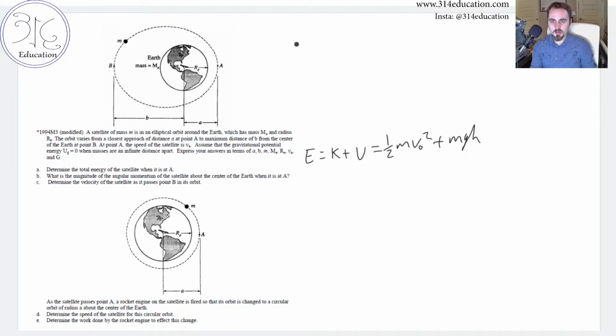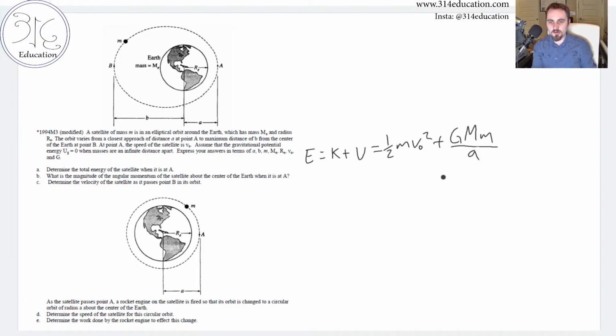That would be fine. But we can actually do one better with using the actual big G gravity equation. Usually we'd have an r squared, but we're going to multiply it by r to give it just r. And at this point, that radius is a.